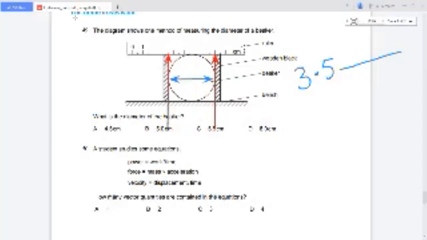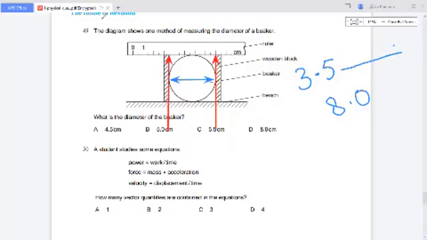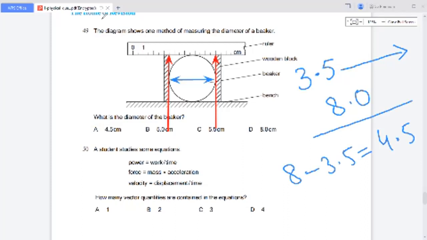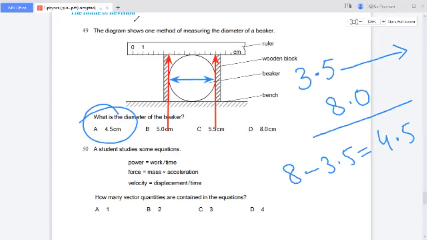So our ending point is 8. It starts from 3.5 and ends at 8. Now let's calculate the difference: 8 minus 3.5 is equal to 4.5. So our option is A.